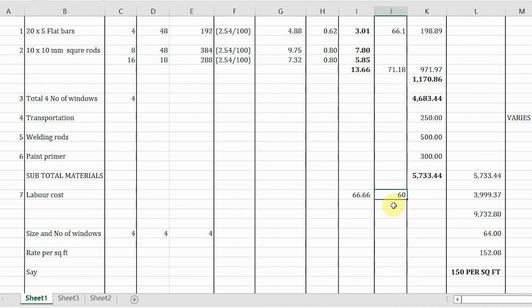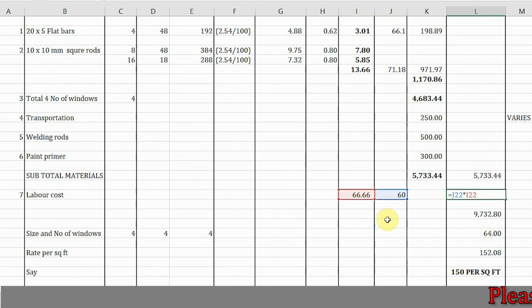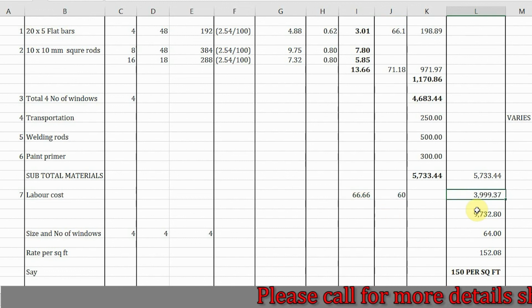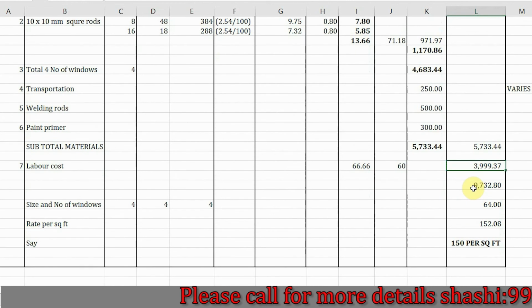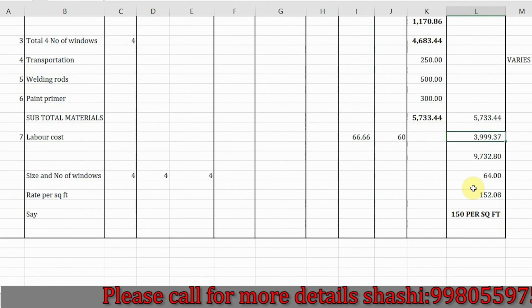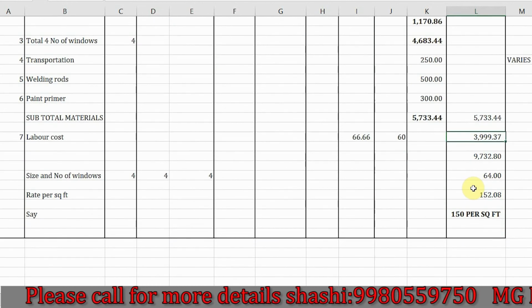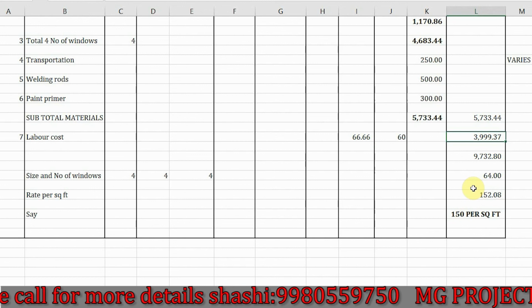Here is total kgs into 4 numbers, total 66.66 kgs. Per kg 60 rupees. My total, 60 into 66.66 kilos, 3,999, say 4,000 rupees. My fabricator will charge this to make 4 windows or 66 kgs of steel for the window grills.